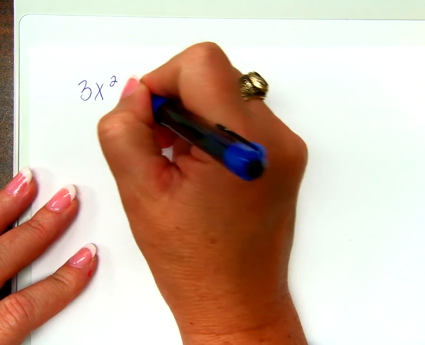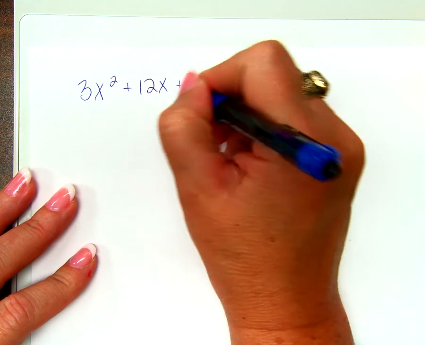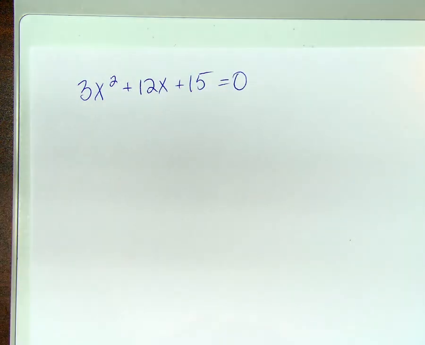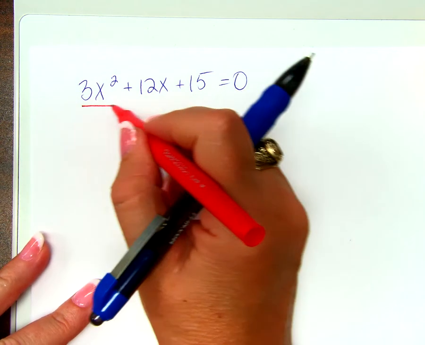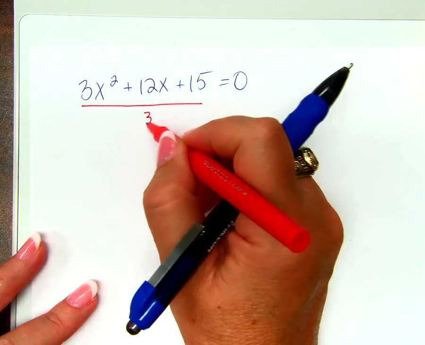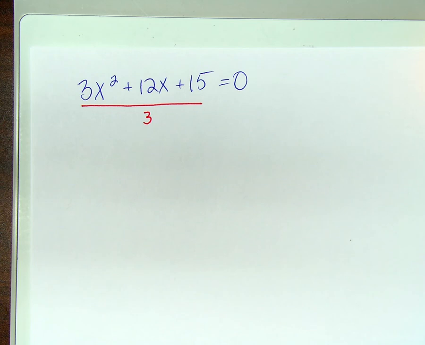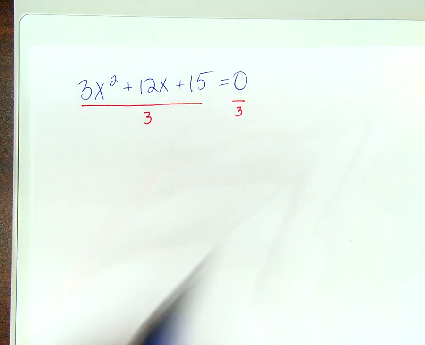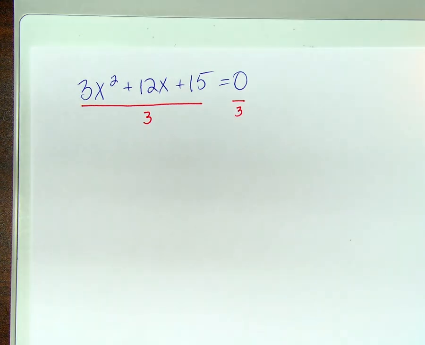In order to complete the square, your leading coefficient has to be a 1, and if it's not, you have to make it be a 1. Oh, that would be a good idea, right? Here's what they did last period, and I was sad. Oh, wait, what? You have to do both sides. Yeah, they said, but 0 divided by 3 is just 0, so why do we even have to write it?